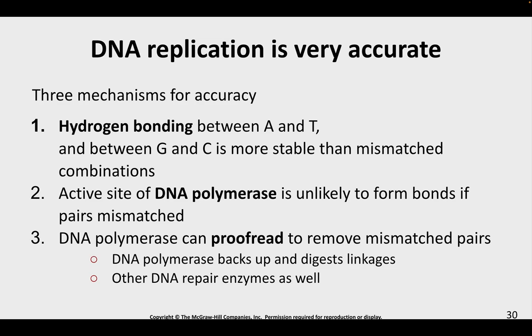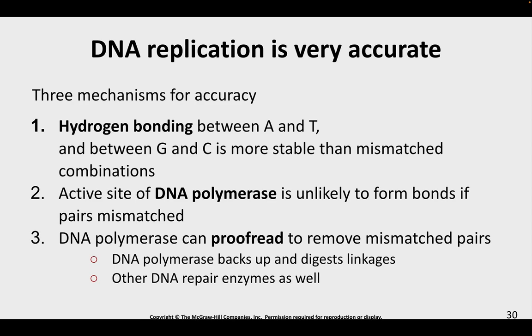DNA polymerase is really good at proofreading, and it's very unlikely to form bonds if a pair is mismatched. So it kind of proofreads itself as it goes along and adds new DNA nucleotides. And then DNA polymerase, especially polymerase 1, can also go back in and proofread what has been added.